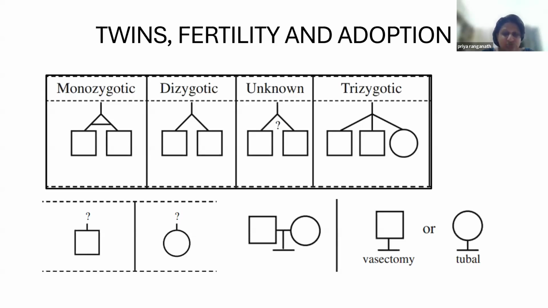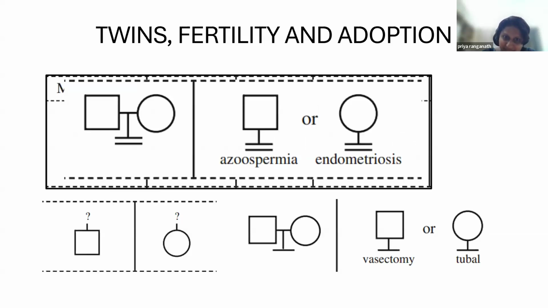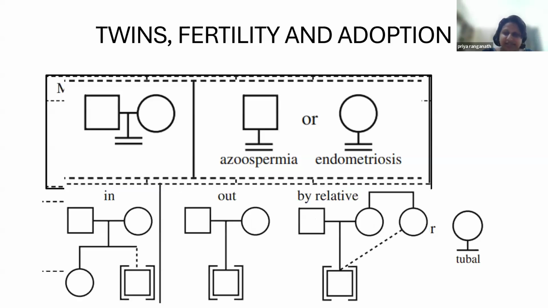And this is for those where tubectomy or vasectomy has been done. This is specifically for infertility, where you look at azoospermia or endometriosis or anything else. We could show double lines and also mention the cause, if we know why the infertility is there.